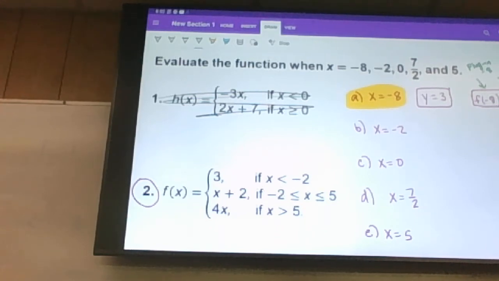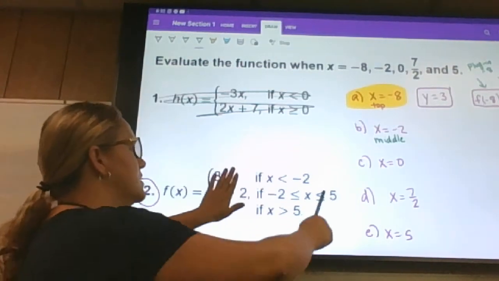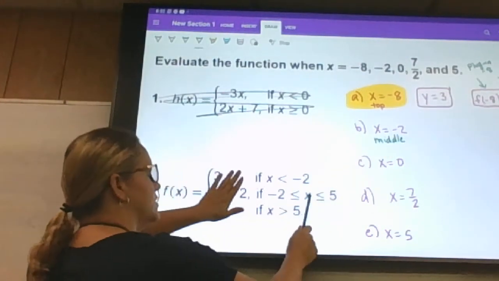All right, x equals -2. Crystal, top, middle, or bottom? Yes, this one belongs in the middle. I cover this up. -2 should go in the middle.